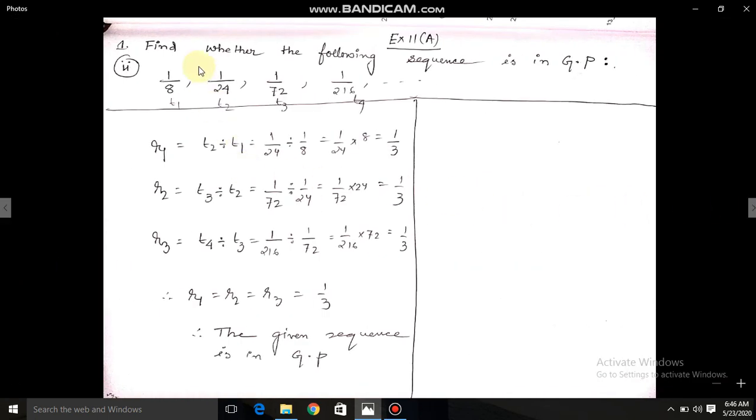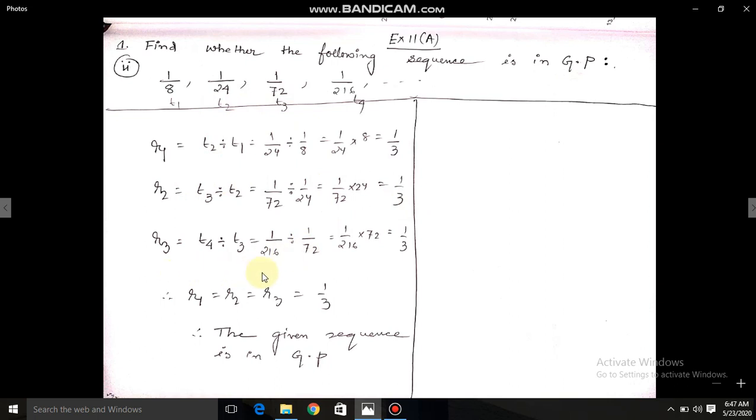The question says find whether the following sequence is in GP. That is, you have to see whether it is in GP or not. See, T1 is this one, T2 is this one, T3 is this one, T4 is this one. Just like AP, we'll have to find the common ratios for each and every term. R1 means T2 divided by T1, we get 1 by 3. R2 means T3 divided by T2, we get 1 by 3.